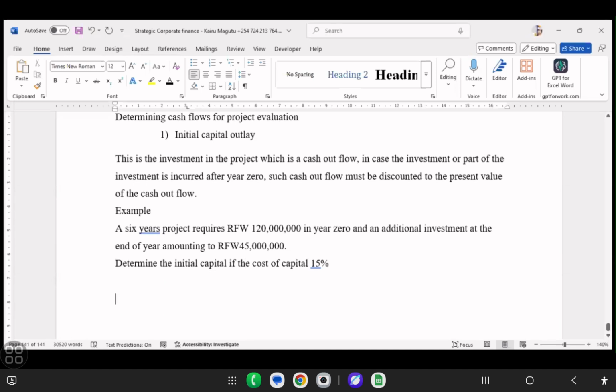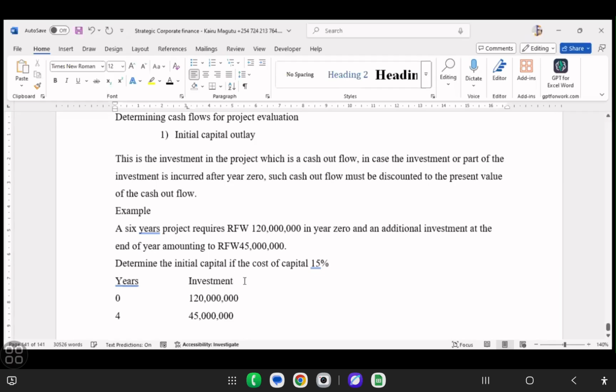When you have it like that, we have the years, year 0 and year 4, and then we have the initial capital, or let me call it investment. The investment in year 0 is 120. Then in year 4, we are investing another 45 million.